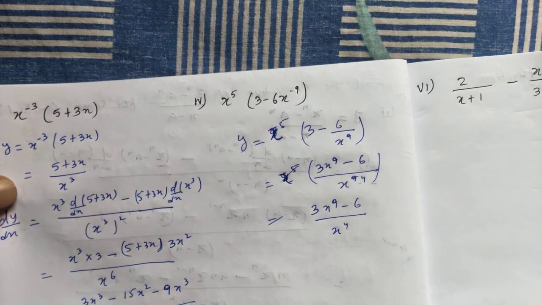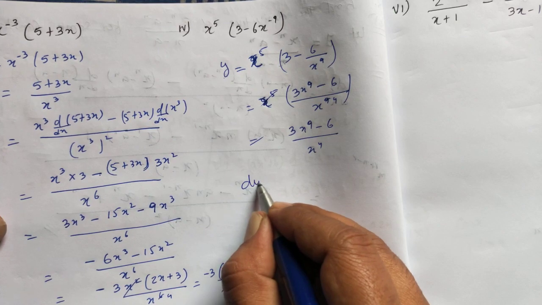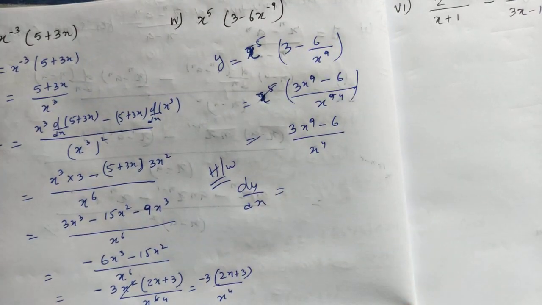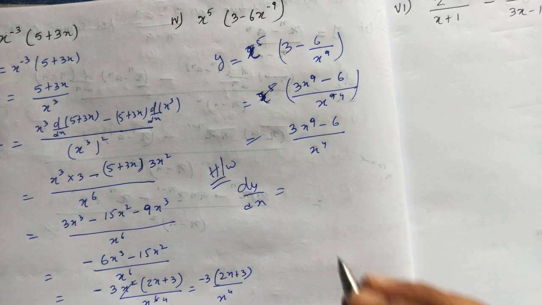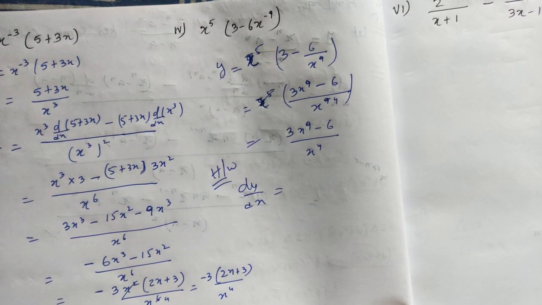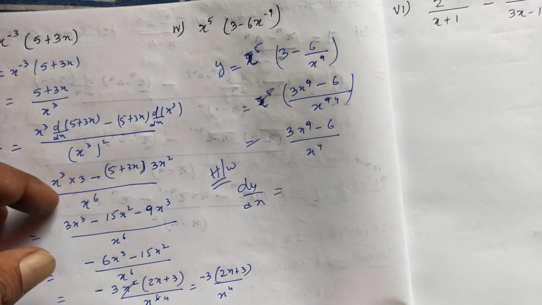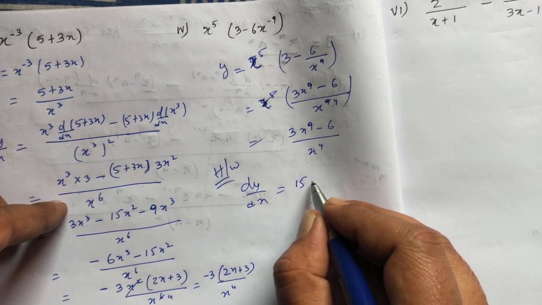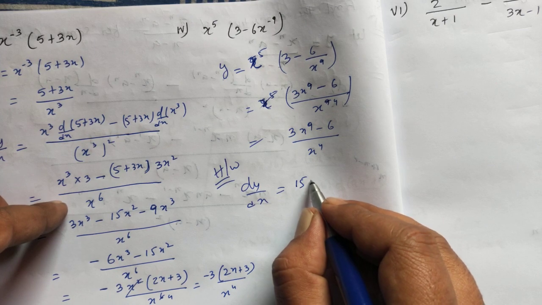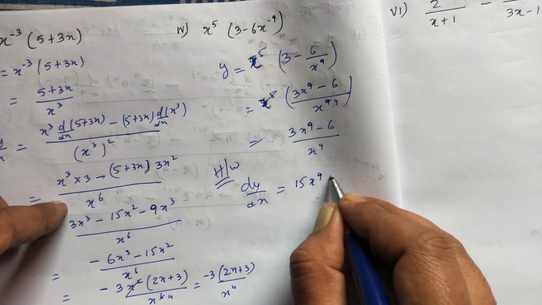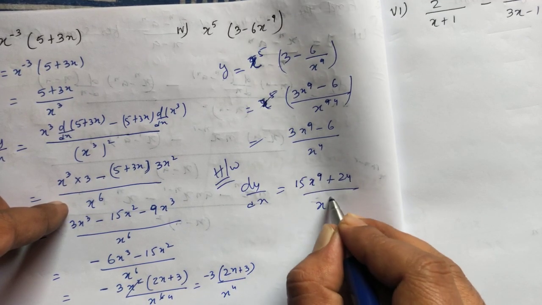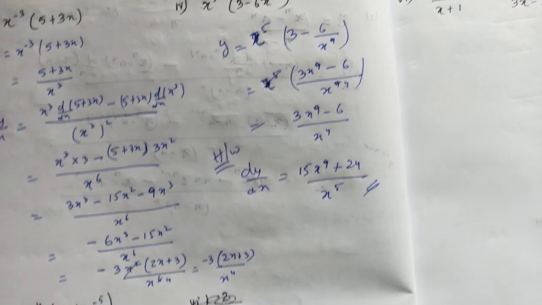Now derive this to get the answer, okay? You can do it as homework. Your answer must be 15x power 9 plus 24 by x power 5. You must get this answer. Do it as homework.